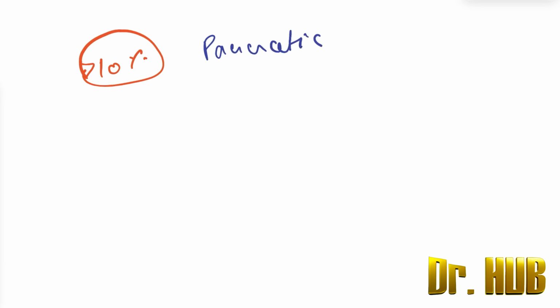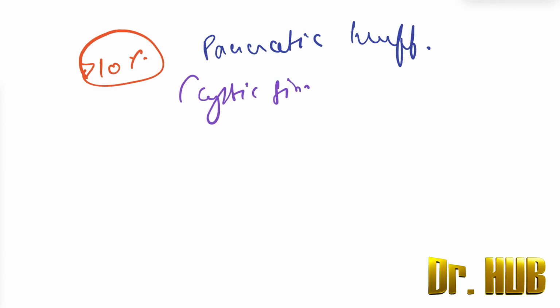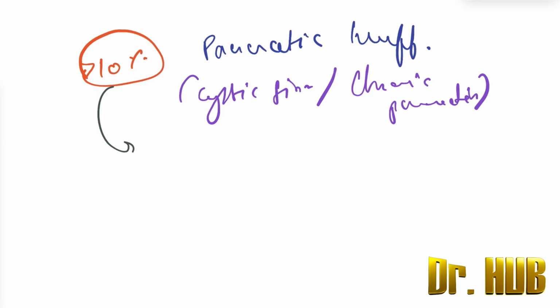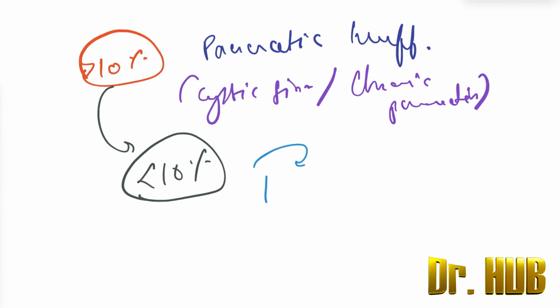If it is greater than 10%, the inference is pancreatic insufficiency, which can be due to cystic fibrosis or chronic pancreatitis. If it is less than 10%, we consider other ileal diseases.